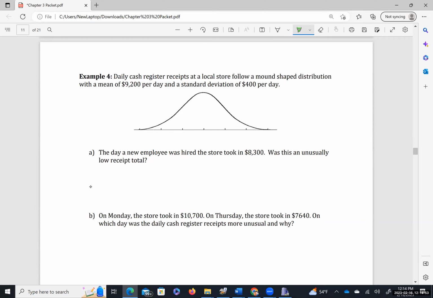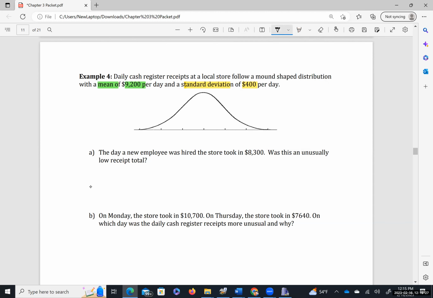Daily cash register receipts at a local store follow a mound-shaped distribution with a mean of 9,200 per day and a standard deviation of 400 per day. So you remember that they give us the mean here, right? It is 9,200. And they also give us the standard deviation here, 400 per day.